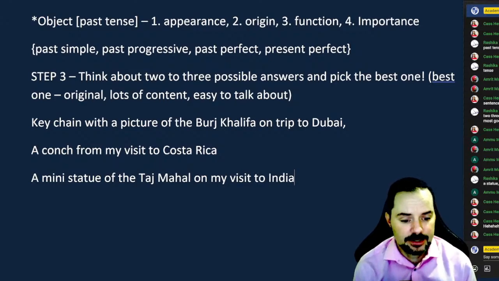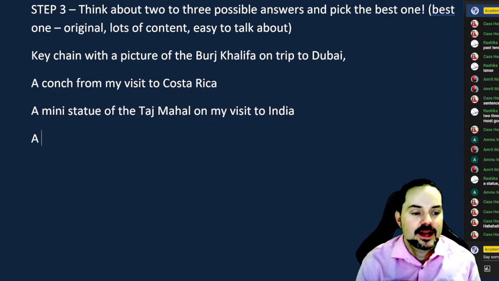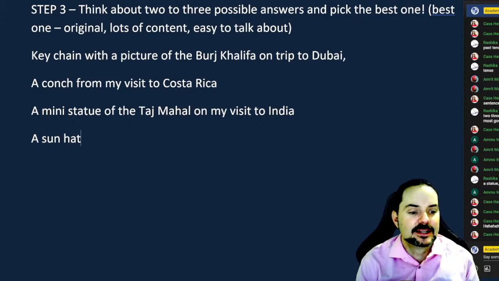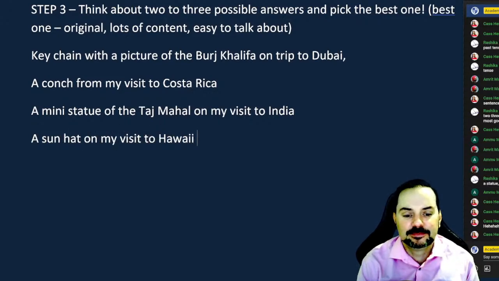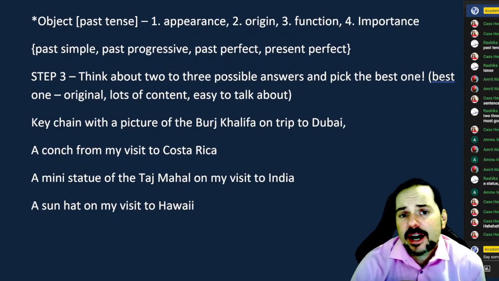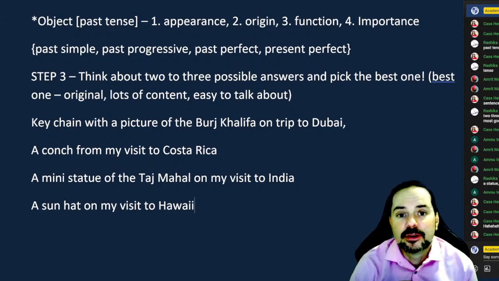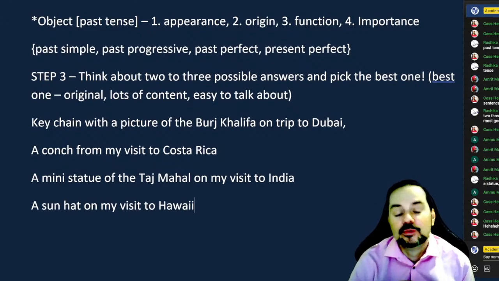Don't overdo it, right? I would say maybe a sun hat on my visit to Hawaii. Okay. All right. So all of these are kind of good. I think all of these could potentially be a really good choice, but you really have to, at the end of the day, just choose one.